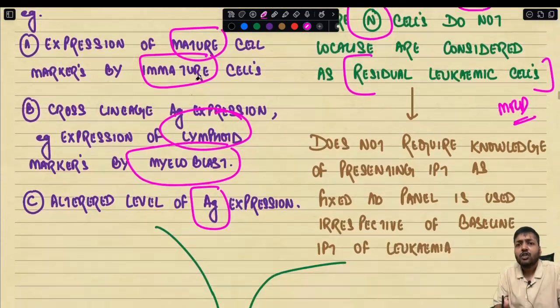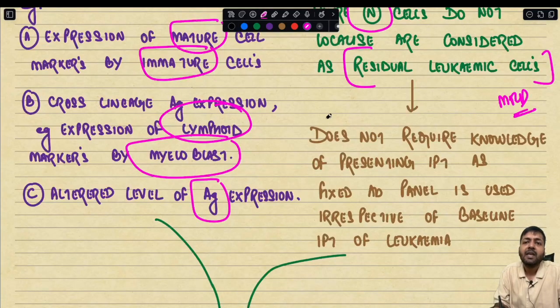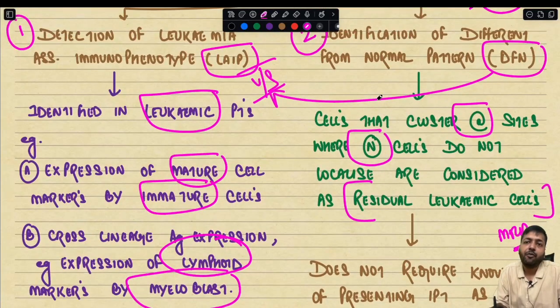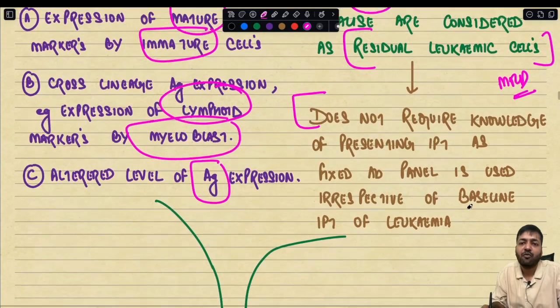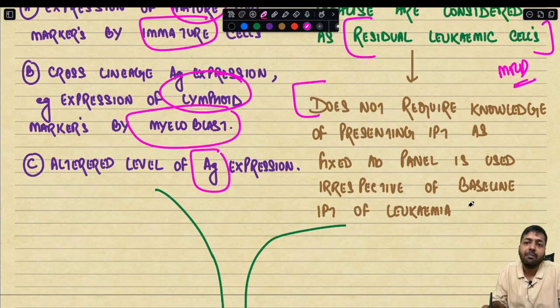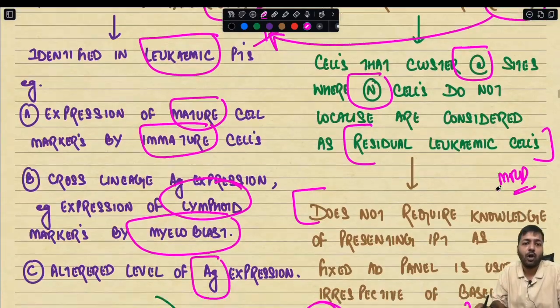What is very important over here is that the different from normal pattern does not require knowledge of the presenting immunophenotype, as a fixed antibody panel is used irrespective of the baseline IPT of the leukemia. This is one advantage of the different from normal pattern.